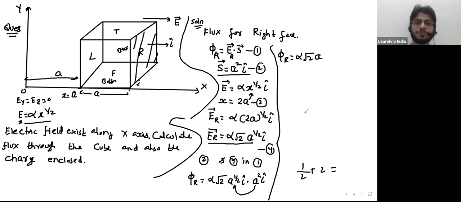Take the LCM, 2. Then 1 plus 4 is 5 by 2.